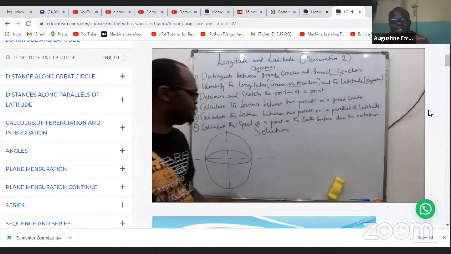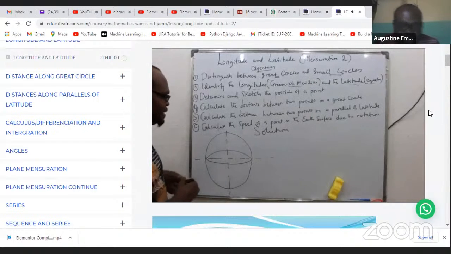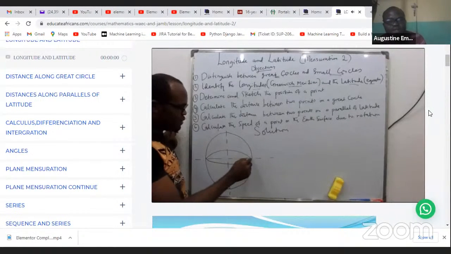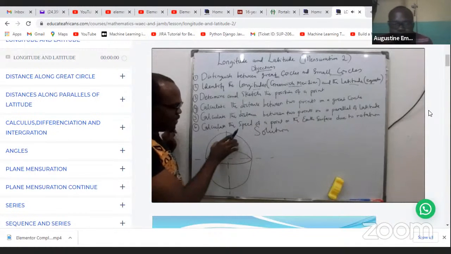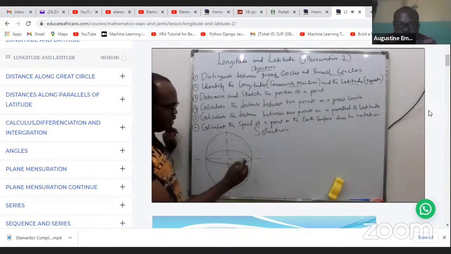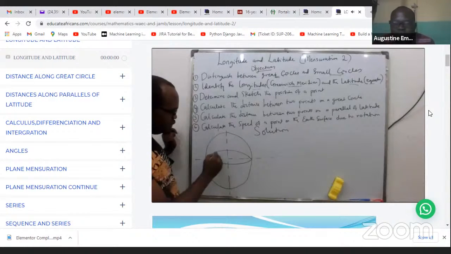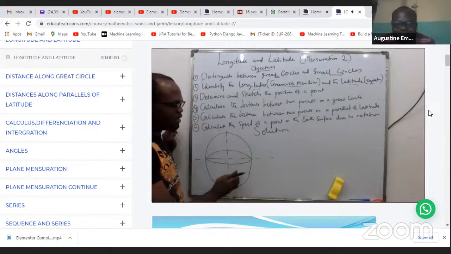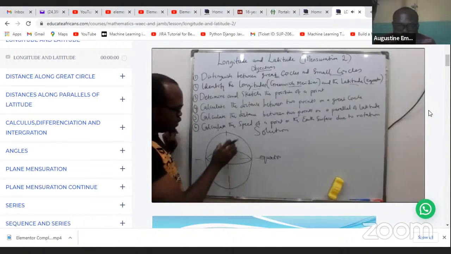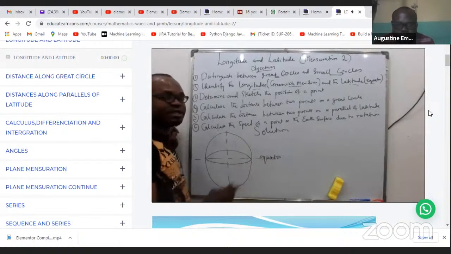Now, how do you calculate the distance between 2 points on a great circle? Very important. Calculating the distance between 2 points on a great circle. So you must make that sketch.